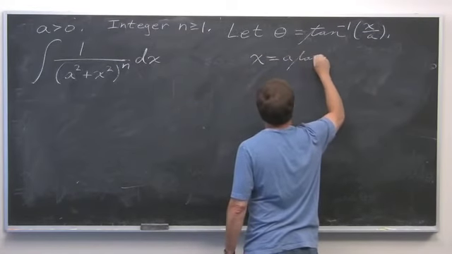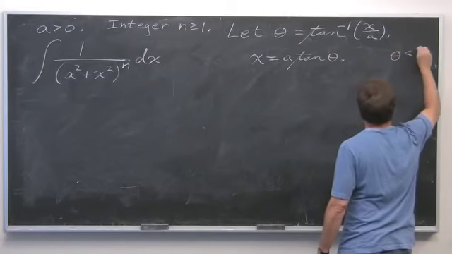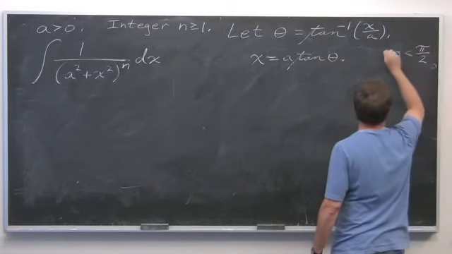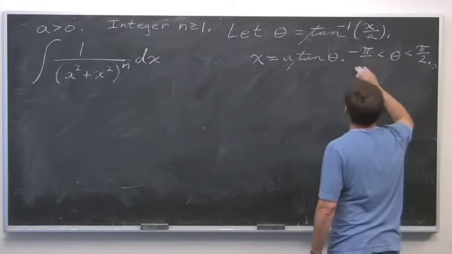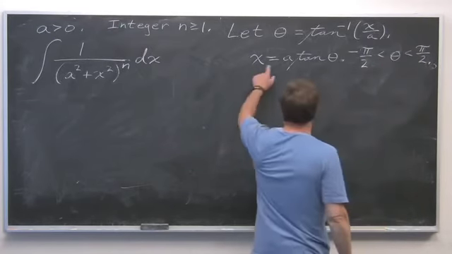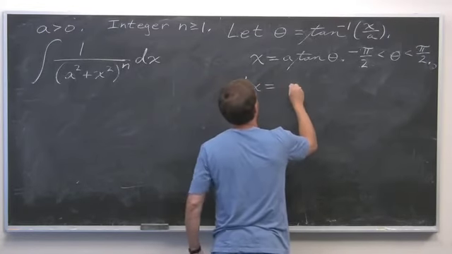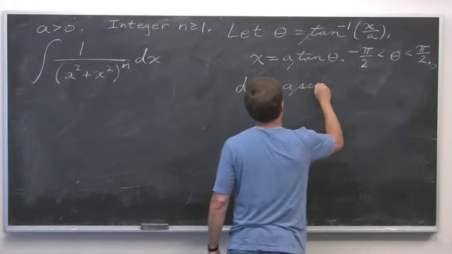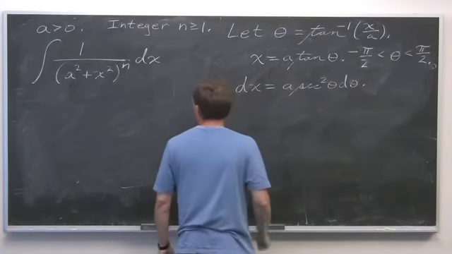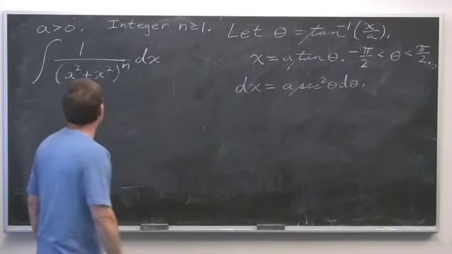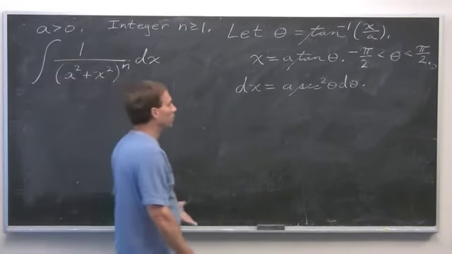It once again tells us that theta is between pi over 2 and minus pi over 2, whether we need to use this later or not. And if x is a tan theta, then certainly dx is a secant squared theta d theta, just like it was a minute ago. And we don't have the square root of a squared plus x squared anymore, but we have a squared plus x squared.